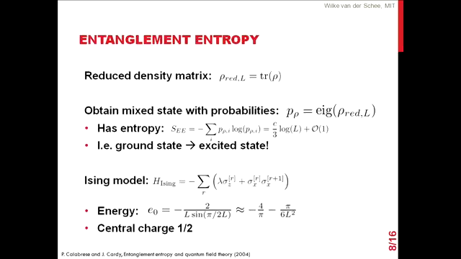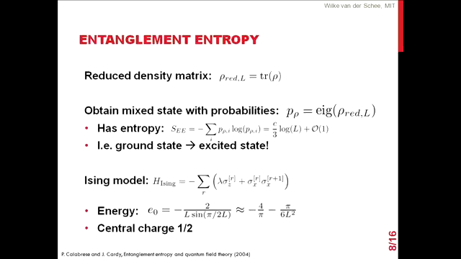But now it's a superposition of other states. Actually, this I think I put on my slide. It's an excited state if you restrict yourself to this subsystem. And then the probabilities of each of these states are given by the eigenvalues of this reduced density matrix. And then because you have a superposition of several states, you can associate some entropy to this, and this is what people call the entanglement entropy, and Horacio already introduced it.